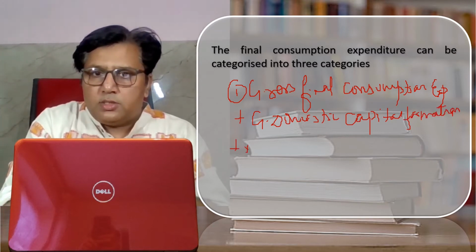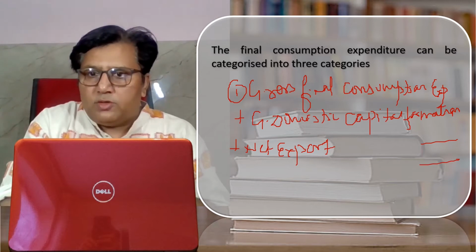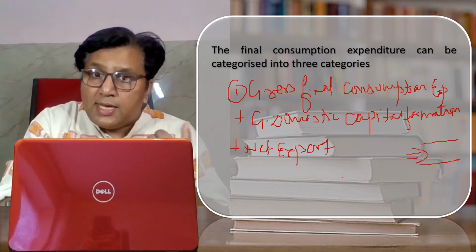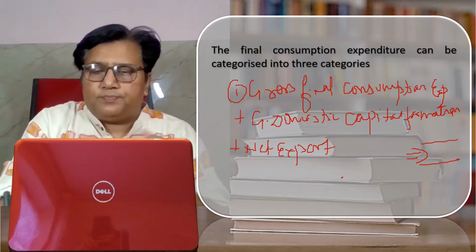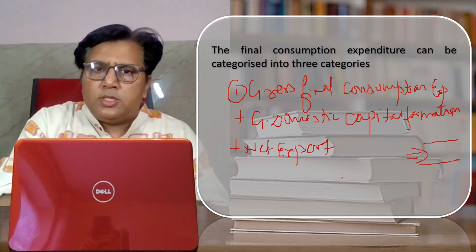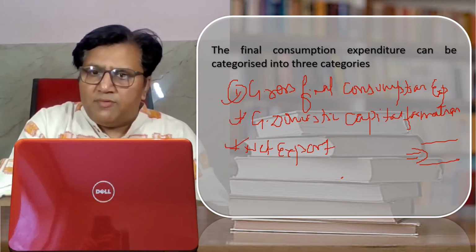And the third one is net export. By the summation of these three types of expenditure, we can calculate the national income. I hope the point is clear. We will discuss all these components of the expenditure one by one in detail.